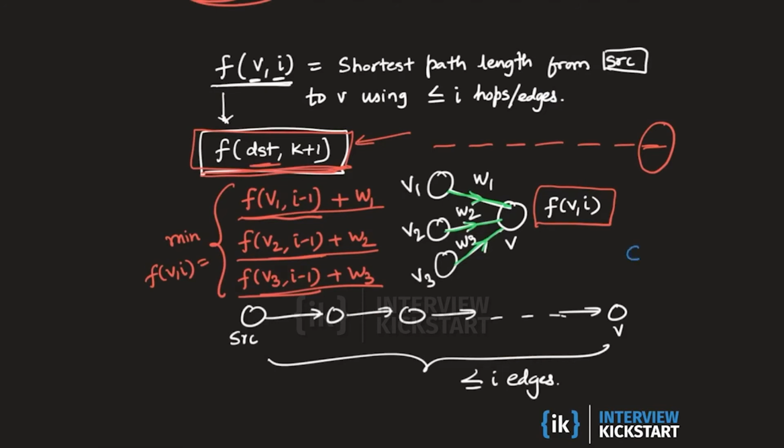What options do I have for that last edge? Well, maybe when I look at the destination, it had 4 incoming edges from 4 different vertices. In that case, I'm going to call 4 subordinates and give them the task of computing the shortest path from the source to each of these 4 vertices using less than or equal to k edges, not k plus 1 edges, but k edges.